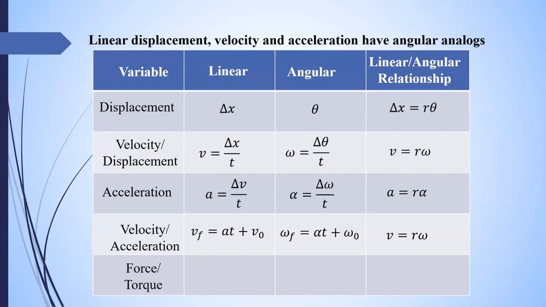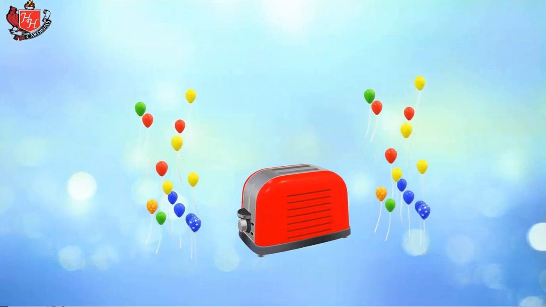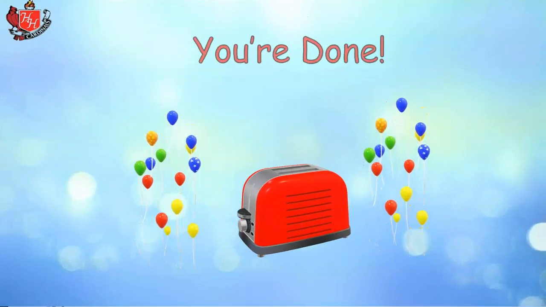And for force and torque, force equals mass times acceleration. Torque equals force times the radius, that is the distance from the center of the circle. And that's the same formula there. Okay, so you see some of these relationships and the patterns between them. All right, and that takes care of this next lesson on rotational and circular motion.